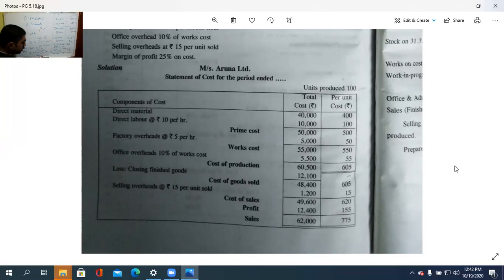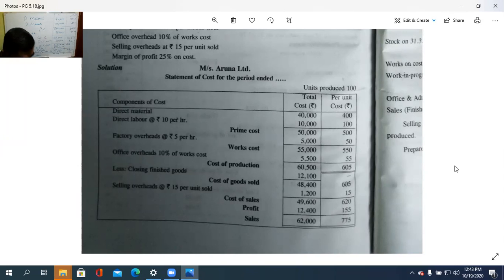Then sales is how much? Margin of profit is 25% on cost. So how much? 49,600 into 125%.